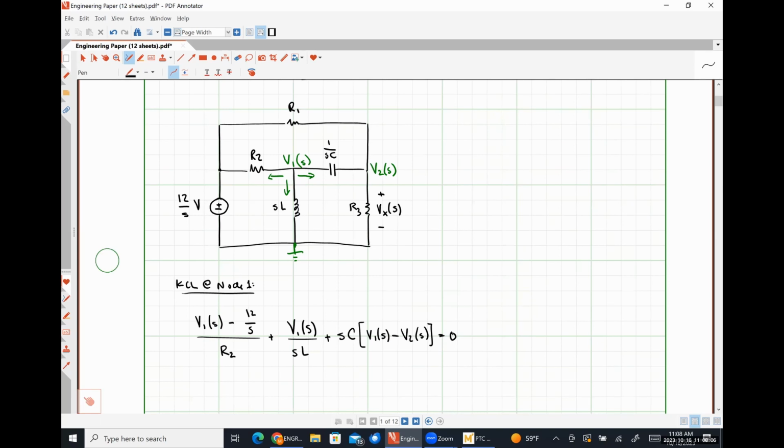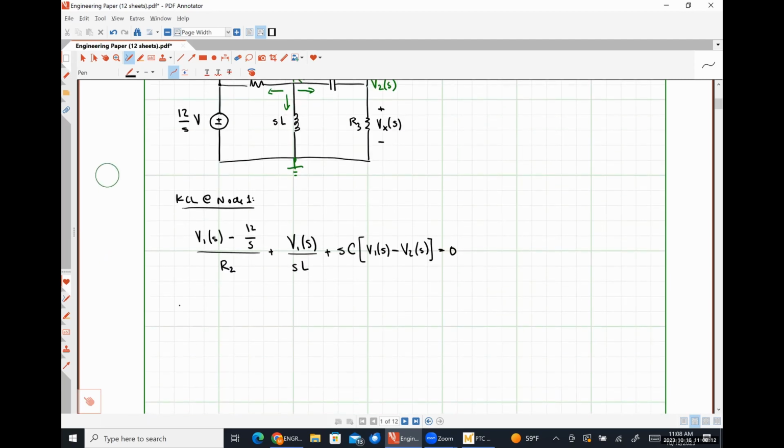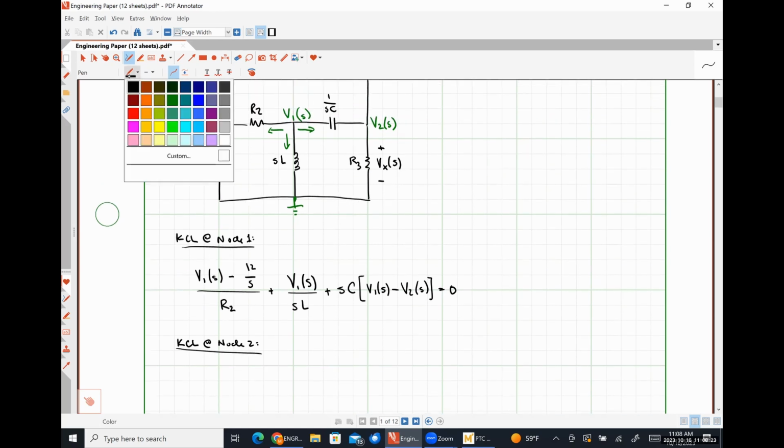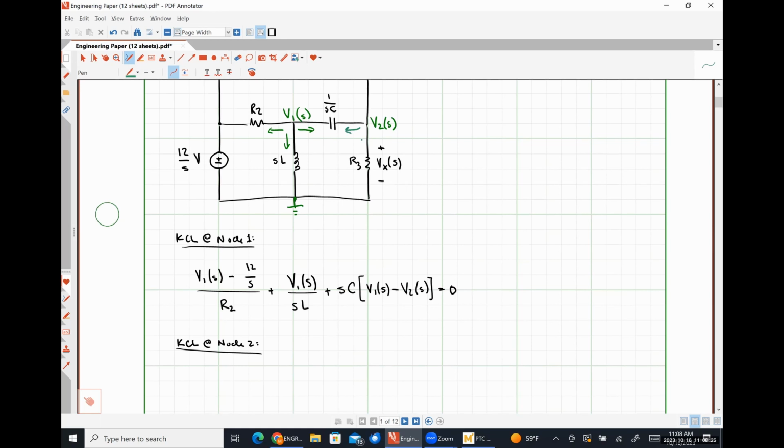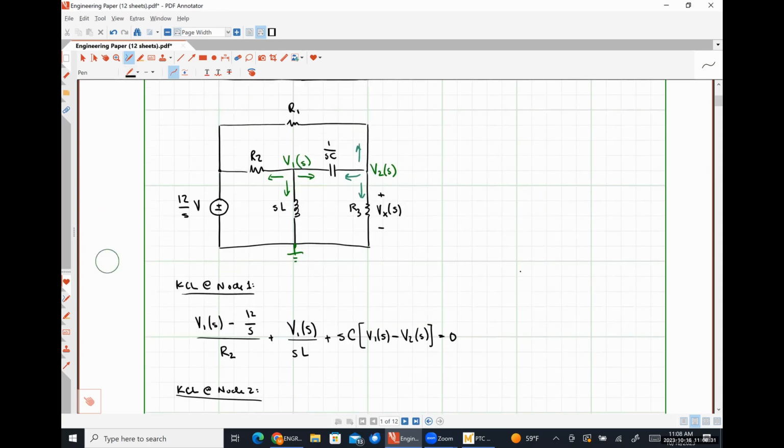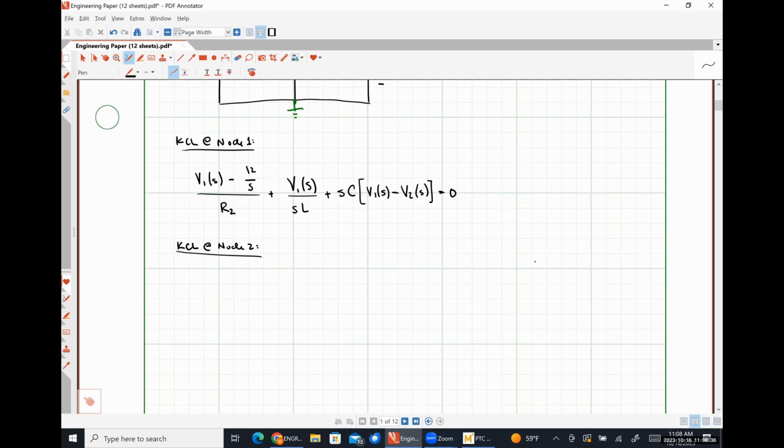Our second equation will come from applying nodal analysis at node 2, or KCL at node 2. So in applying KCL at node 2, we're going to be adding the following currents together. Starting with the current flowing across resistor R1, we are going to have V2 of S minus 12 over S divided by R1.